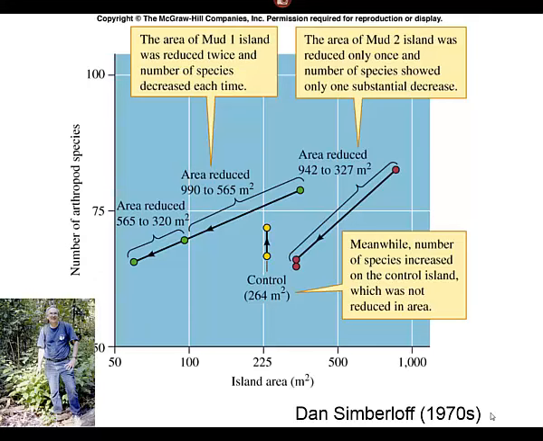He got in there and reduced the size of the island, then let it recover to see if there was a corresponding decrease in the species richness of that island, again the number of arthropod species. The control here was left alone. Notice how the control number, the species richness, actually went up a little bit between the two periods.